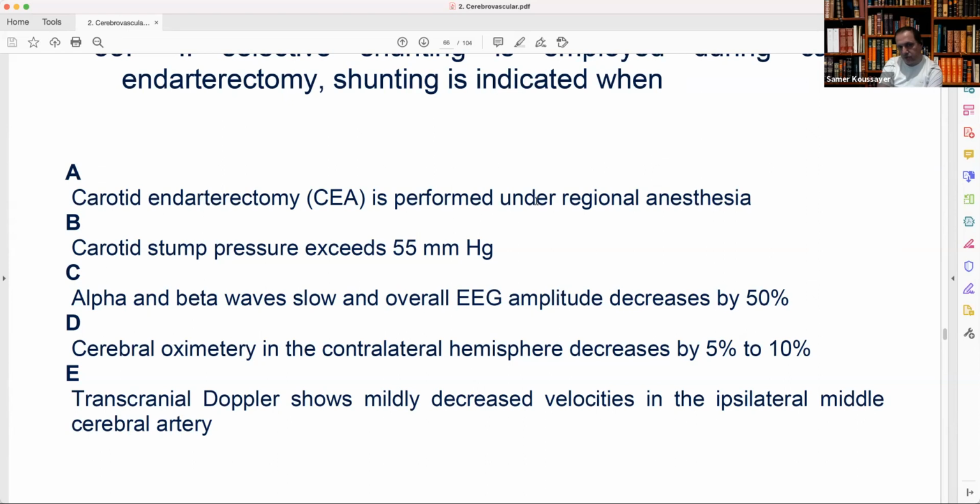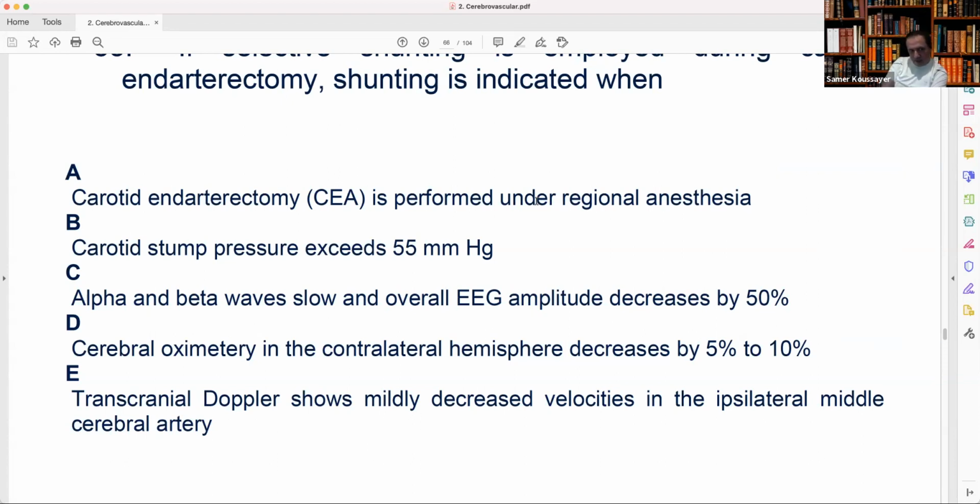This is really the way I used to do it when I was in the States. We had a technician with us in the OR doing continuous EEG. If we see any alpha and beta wave decrease of 50%, that is the indication to go with a shunt. I didn't see it here, but I saw it before. So a decrease in the waveform of 50% is an indication to shunt.